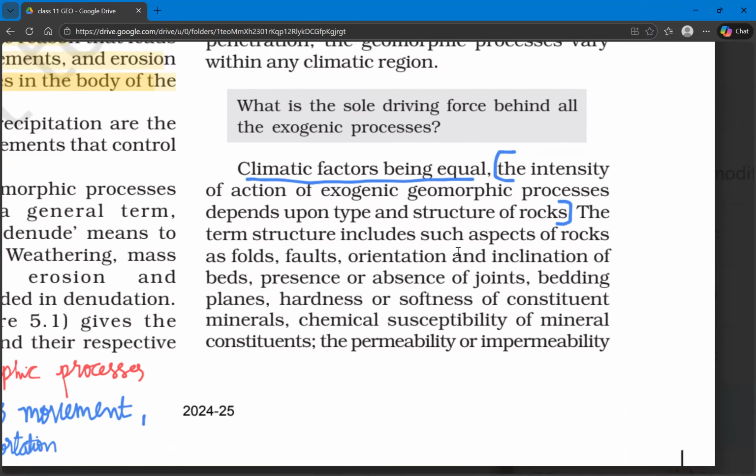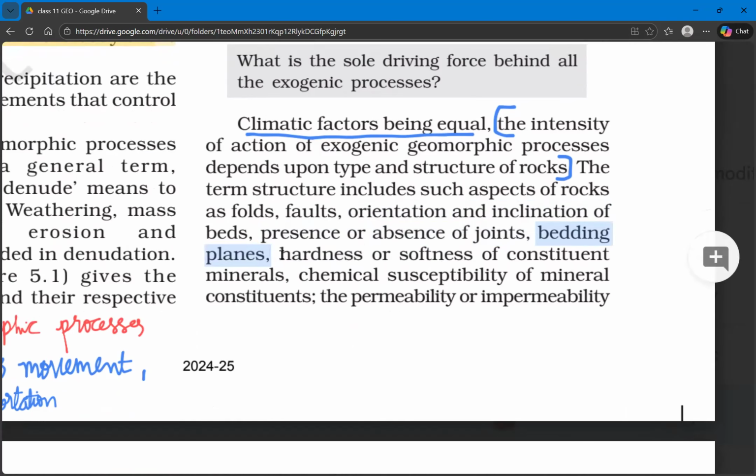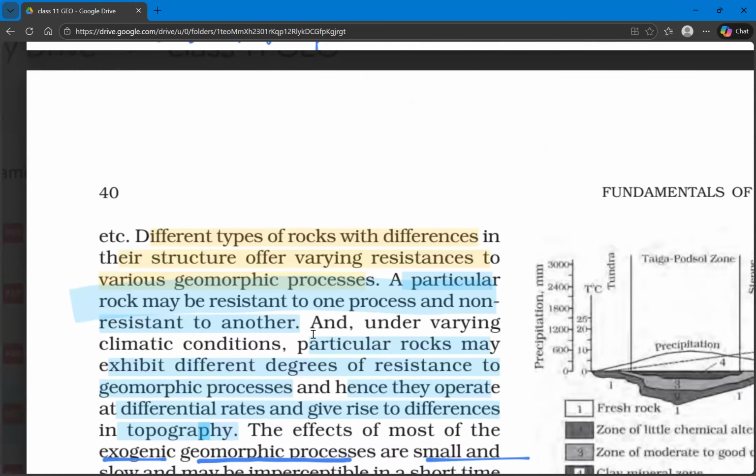The term structure includes such aspects of rocks as folds, faults, orientation, inclination of beds, presence and absence of joints, bedding planes, hardness and softness of constituent minerals, chemical susceptibility of mineral constituents, permeability and impermeability, etc. These characteristics of rocks are also important for the action of denudational processes.